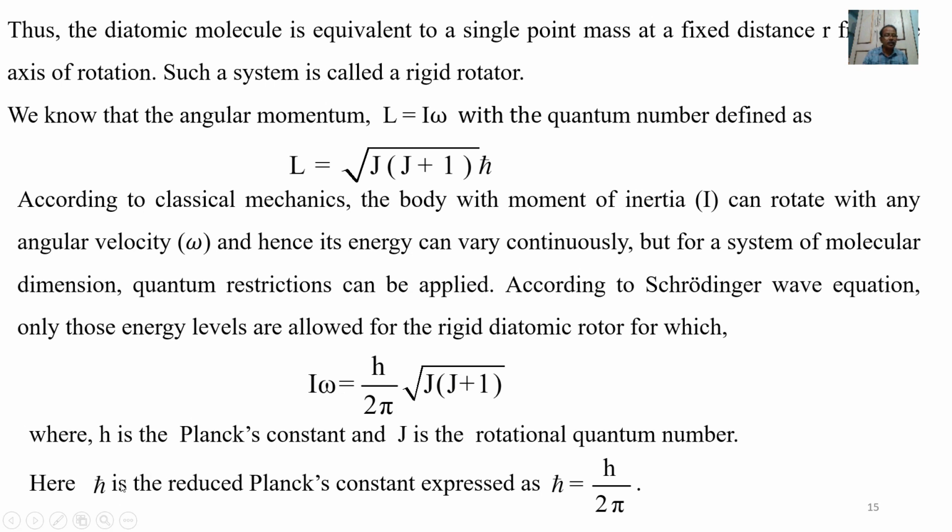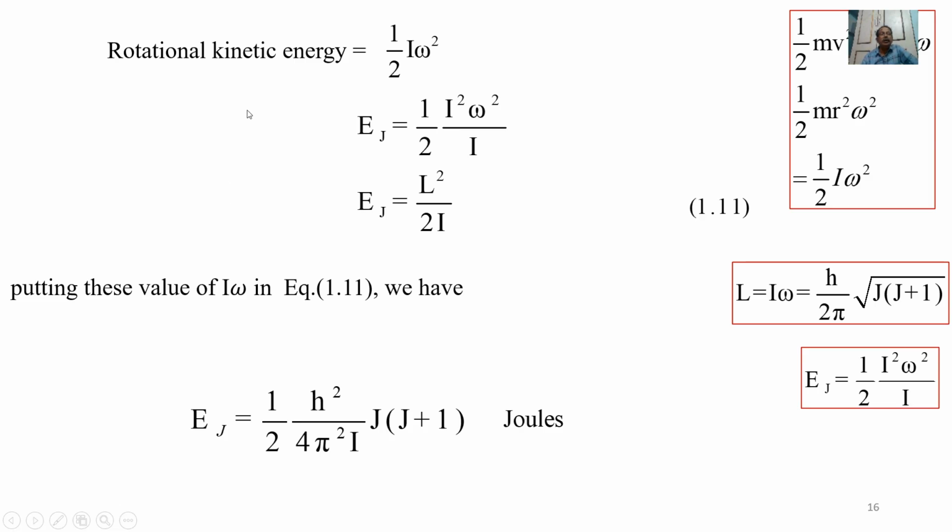And of course, we can replace this by h bar, which is the reduced Planck's constant, given as h divided by 2 pi. So we know that half m v squared is nothing but ordinary kinetic energy. Now, since two atoms are rotating, we have to go only with the rotational kinetic energy, which is equal to half I omega squared.